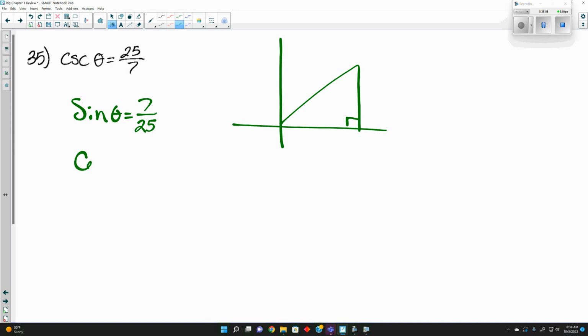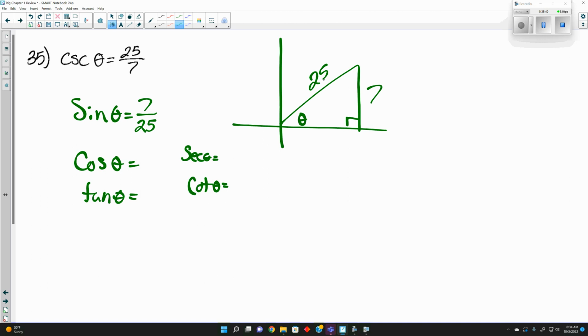Now we just need to find cosine, tangent, secant, and cotangent of theta. We just need to find these other 4. Now, given that this is the angle, sine is what over what? Opposite over hypotenuse. So our opposite side would be 7, the hypotenuse would be 25, yes?